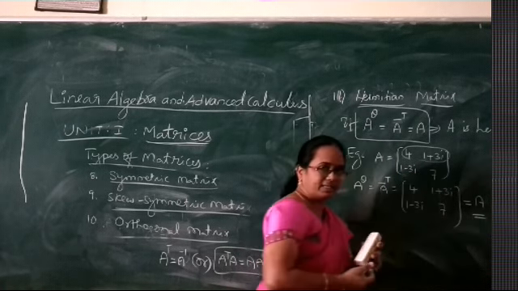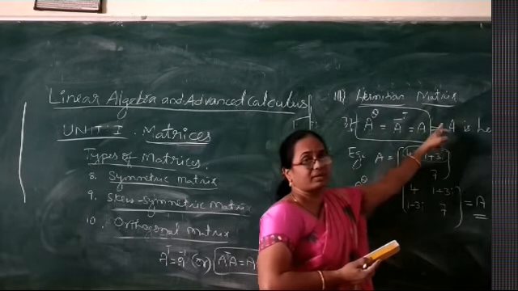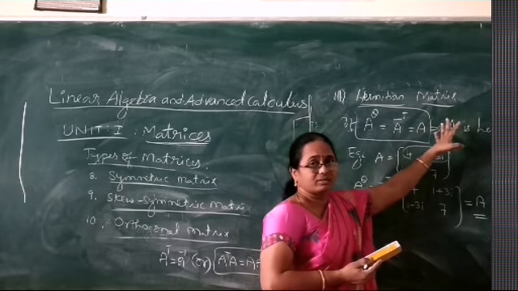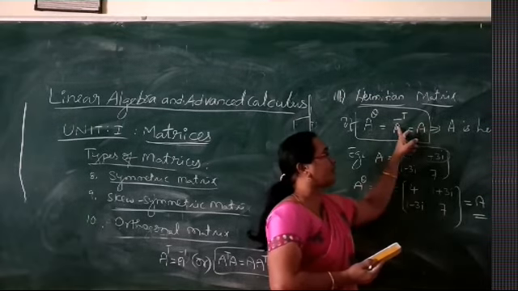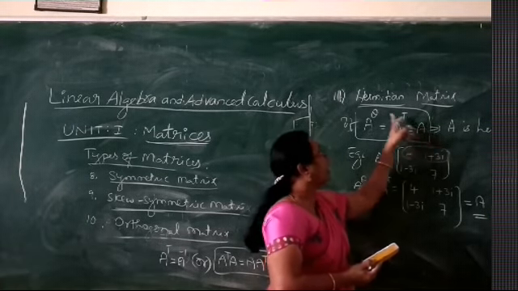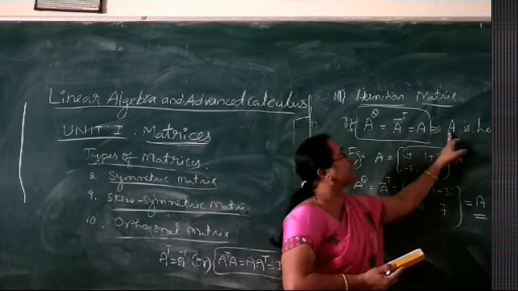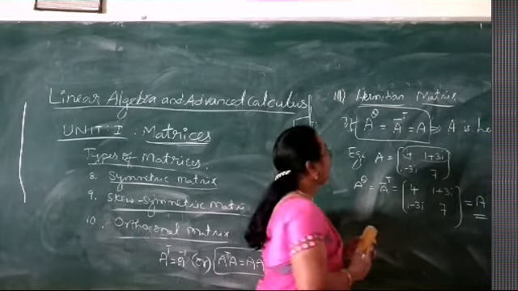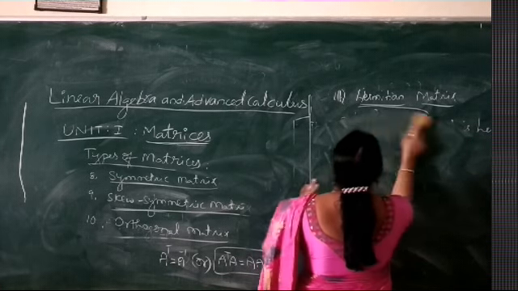Therefore, our observation is that the matrix here is a Hermitian matrix. So, what is a Hermitian matrix? If the conjugate transpose of a matrix is itself, if A^θ is itself, we say that the matrix is Hermitian.